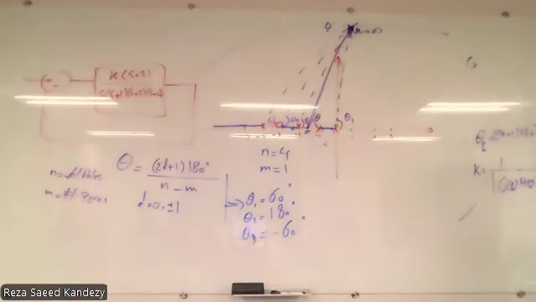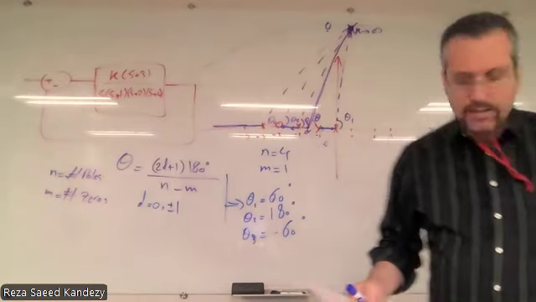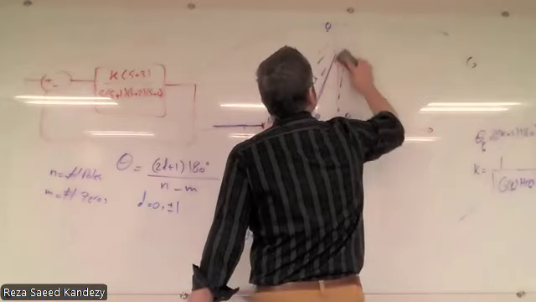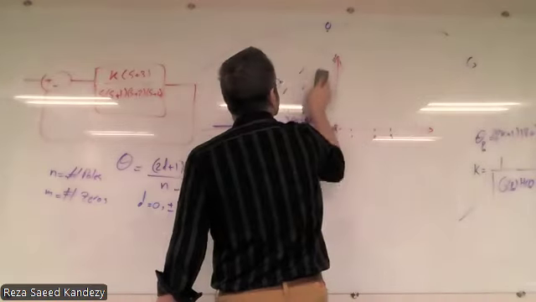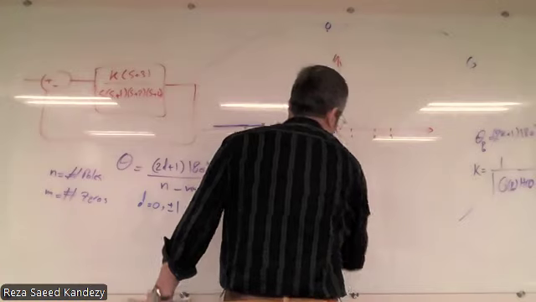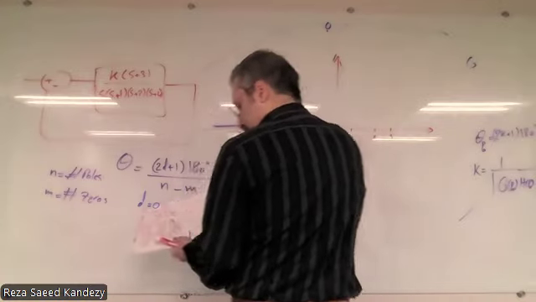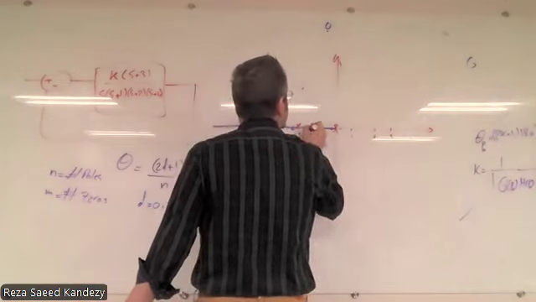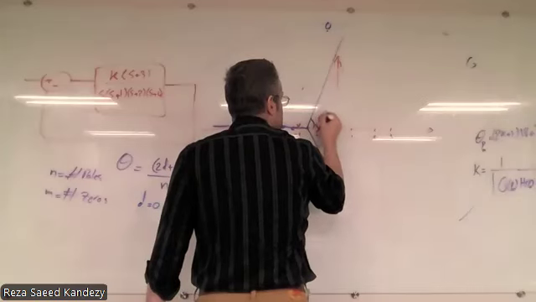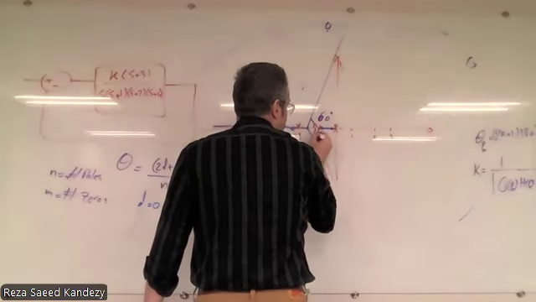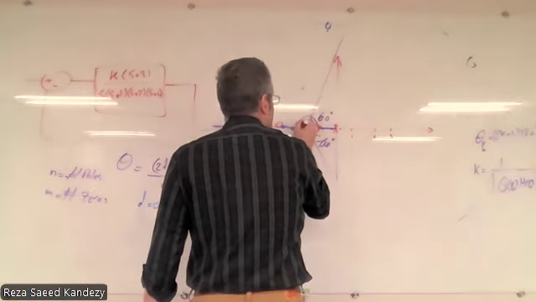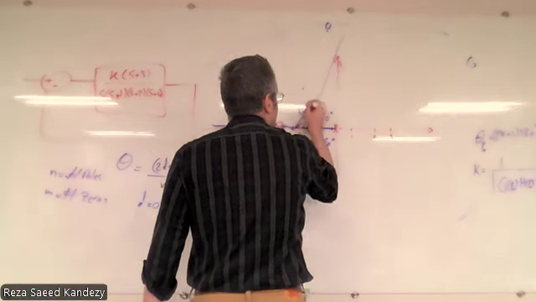So far, we know that the lines that we have, let me clear up a little bit here. It's too crowded. So far, we know that the lines that we have, one of them is 60 degrees, one of them is minus 60 degrees, and another one is 180.